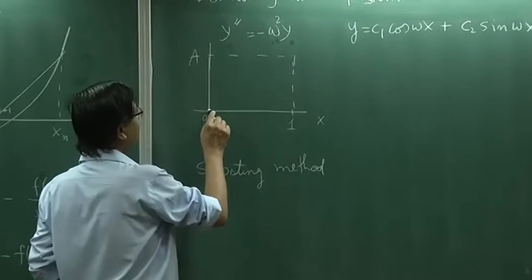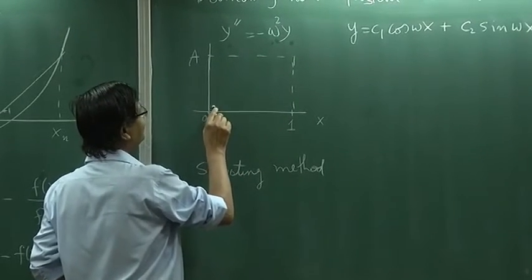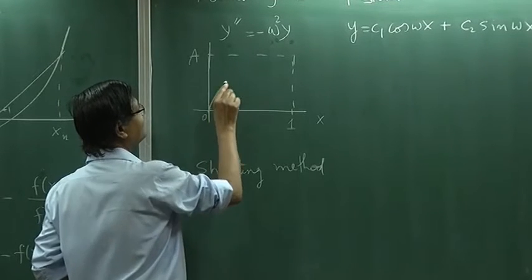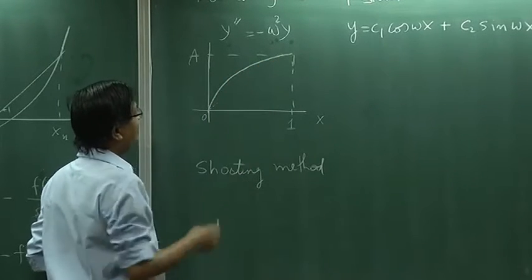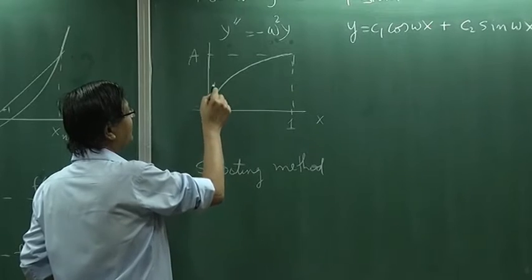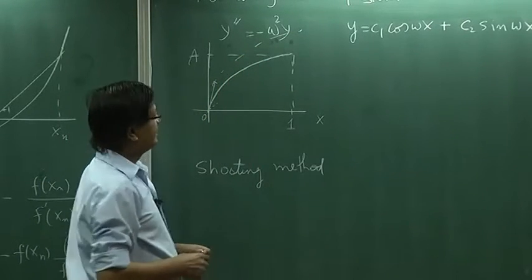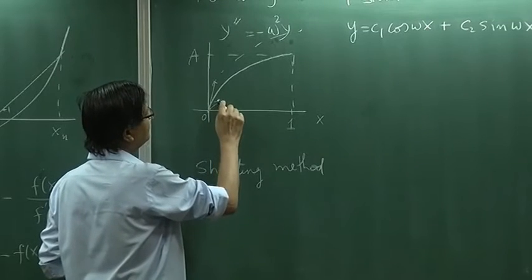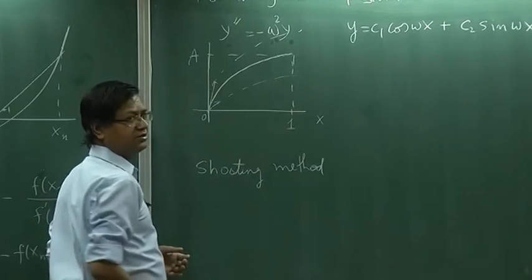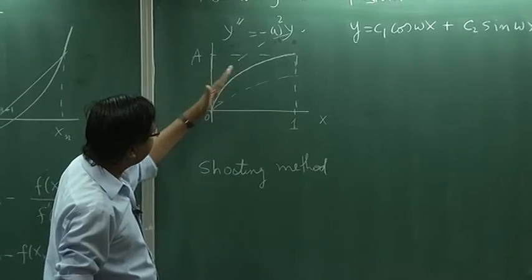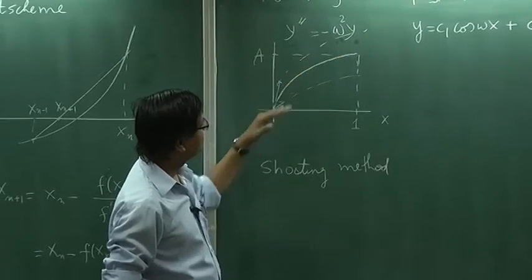So if I do it wrong, let us say the target is, this is my exact value. If I start with a higher slope, then I will overshoot. If I start with a lower slope, then I will undershoot. So I have to basically reach here, with this slope.